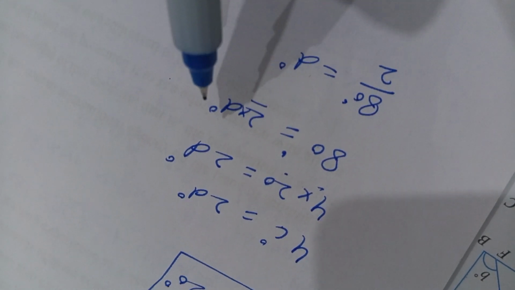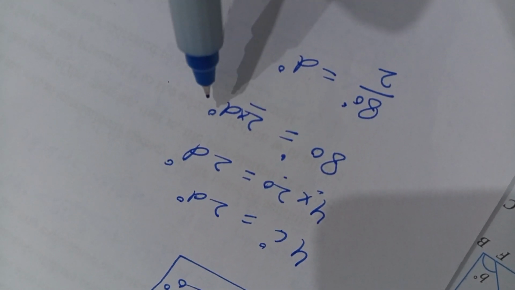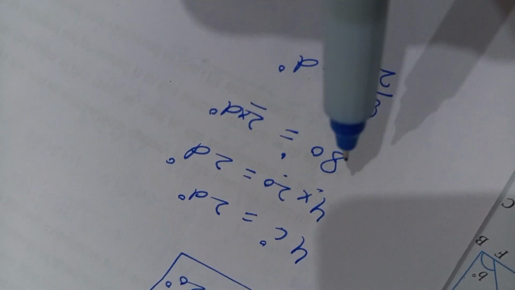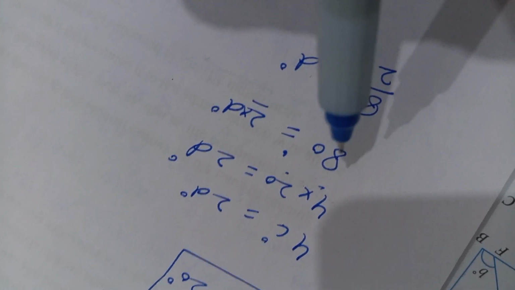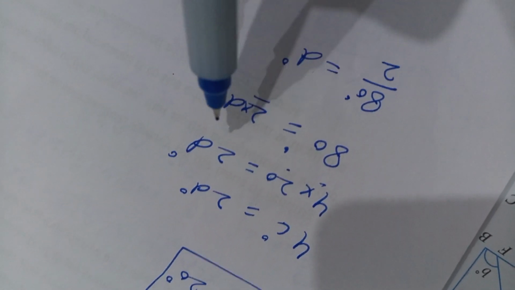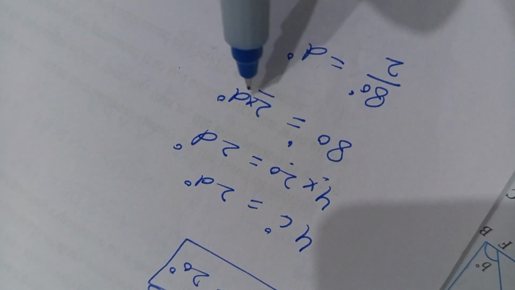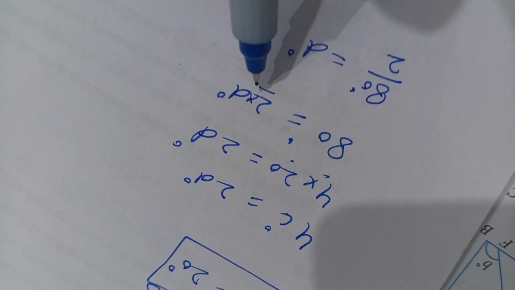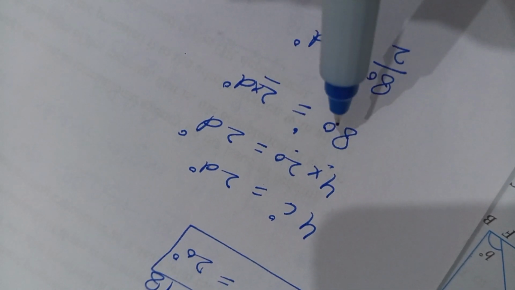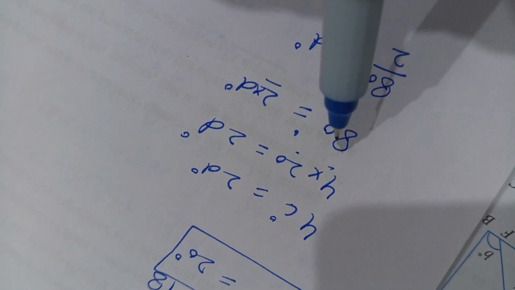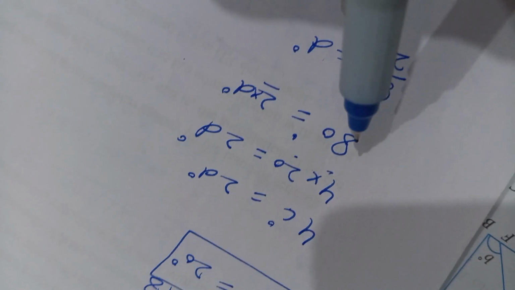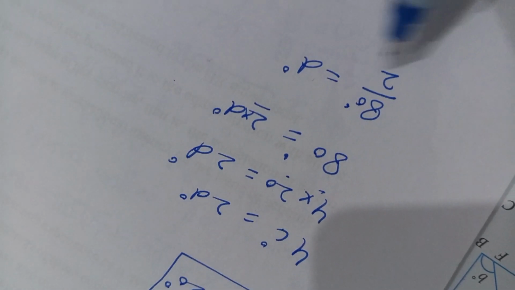If it is in multiplication and moves to the other side, it divides. And if it is in division, I would take it to the other side and multiply. So that's the rule. So 80 divided by 2 equals d.